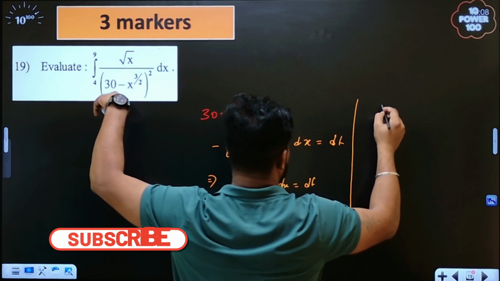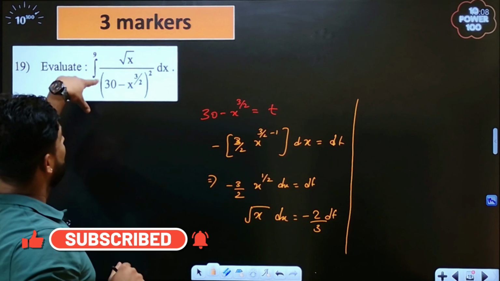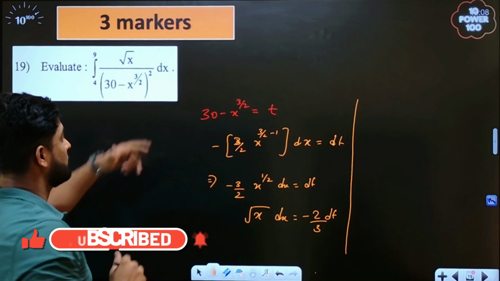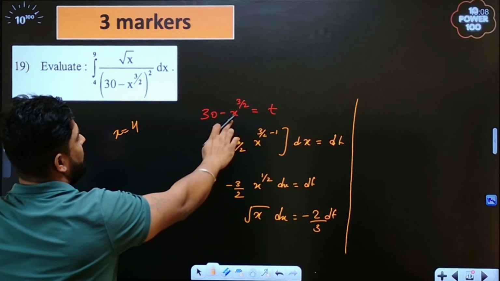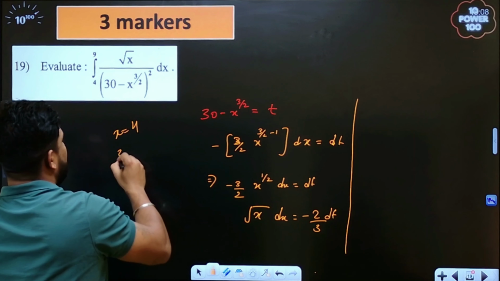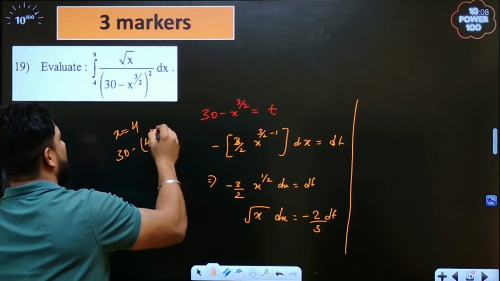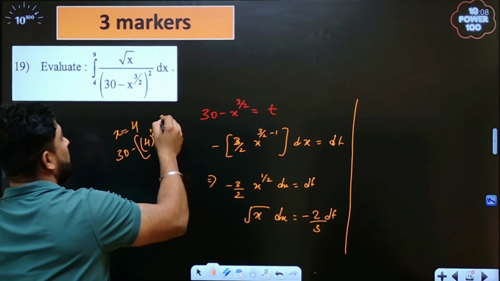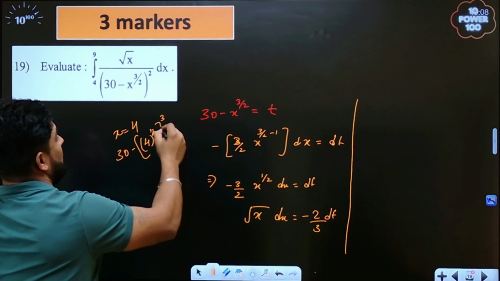So this becomes, oh, you will have to change even the limits, because this is a definite integral. Now when x is equal to 4, if you put 4 here, this becomes 30 minus 4 to the power half, whole to the power 3, children. 4 to the power half is nothing but 2, so 2 to the power 3 is 8.